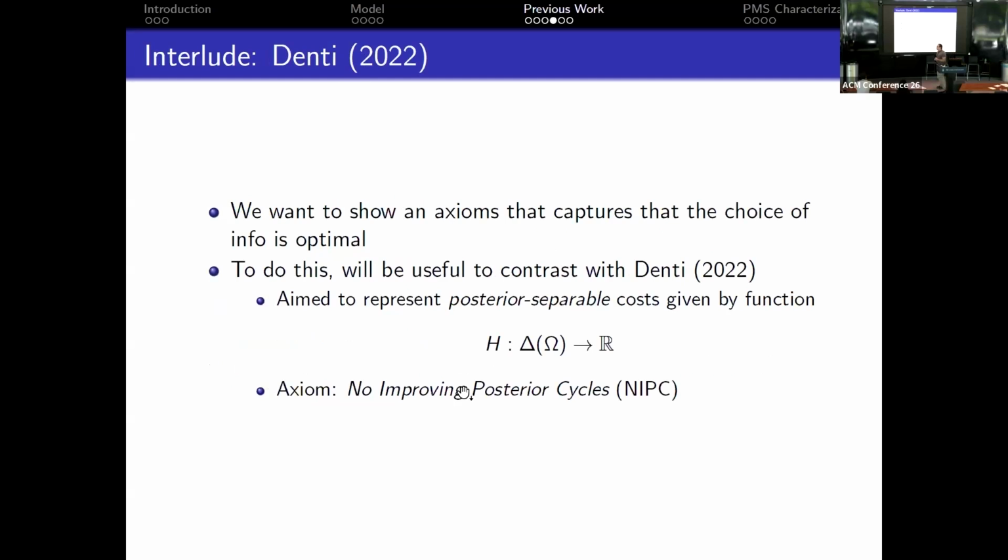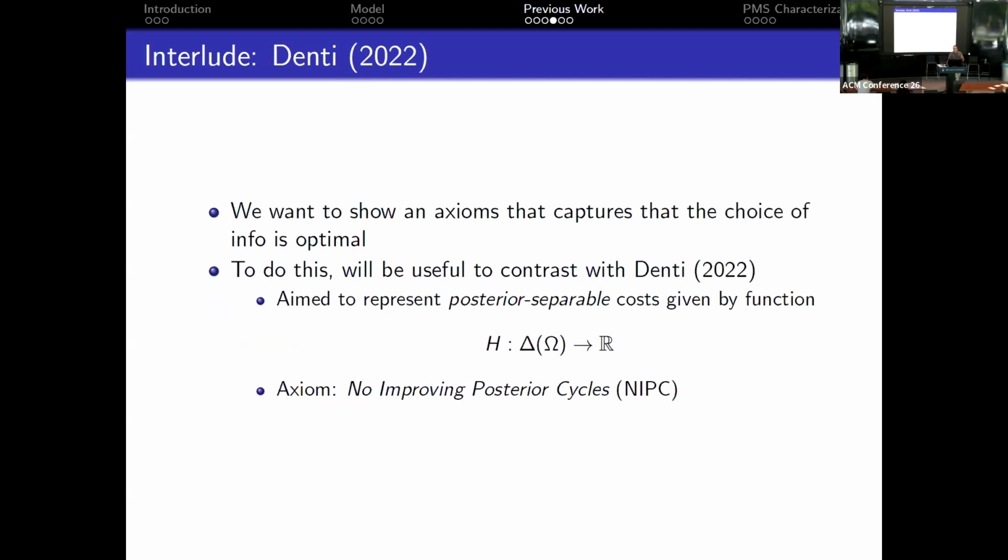Now, the first axiom covers choosing based on information that you have, but we also need another axiom that states how this information arises. So that's what we're going to need a second axiom for. To introduce that axiom, we need to show an axiom that captures the idea that the choice of information via cost of information acquisition is optimal.